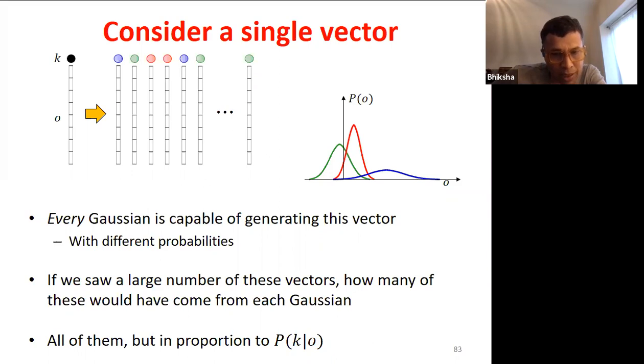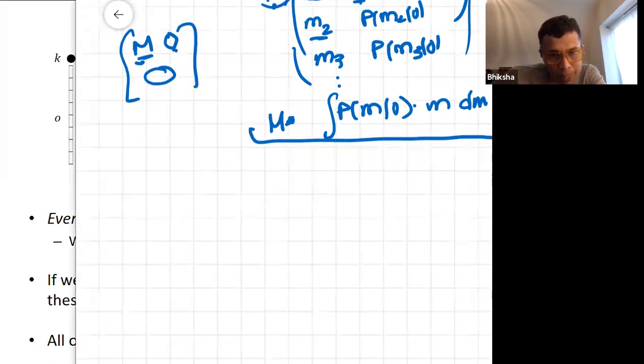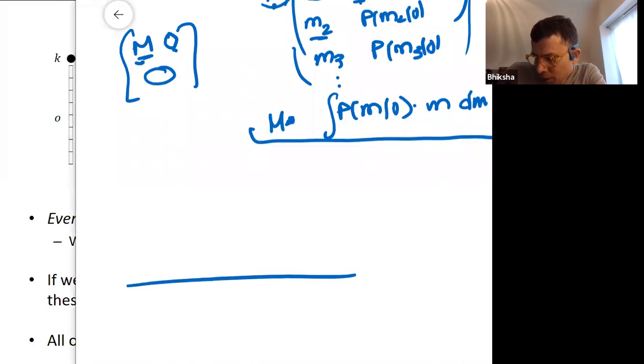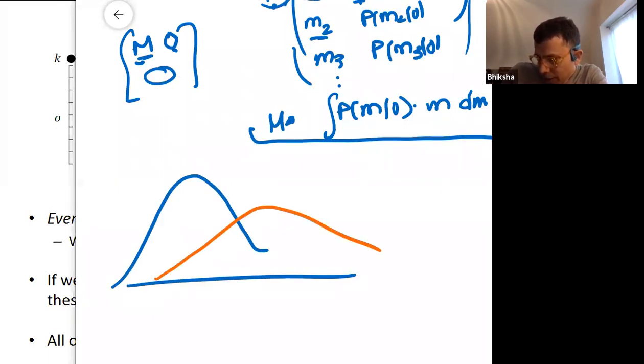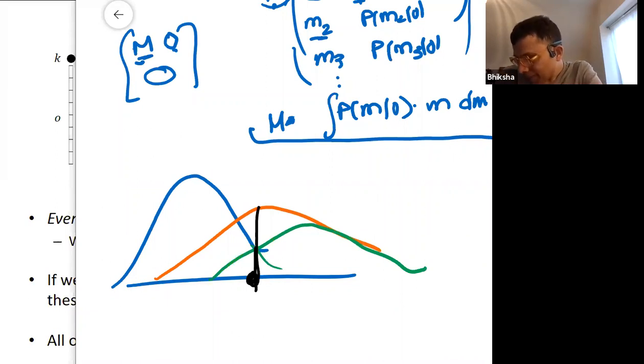If my distribution had these three Gaussians, this blue Gaussian, this red Gaussian, and say this green Gaussian, and my observation were out here, then it could have come from the red, green, or blue Gaussian, all of them.